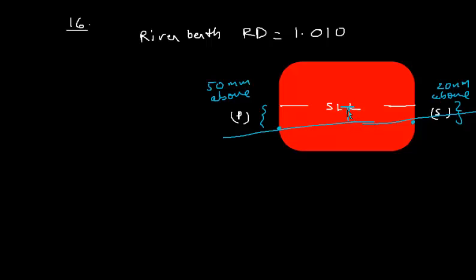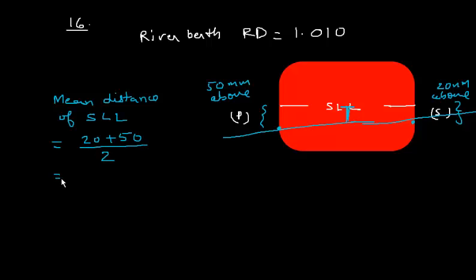So the mean distance of summer load line will be 20 plus 50 divided by 2.